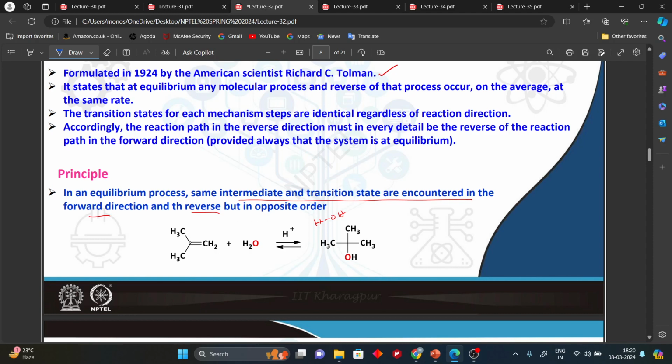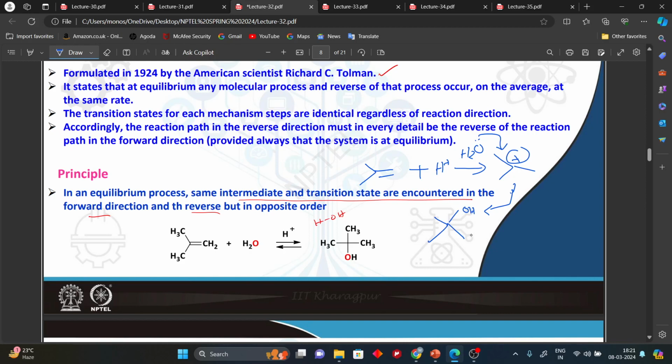So here, when we do the forward reaction for this particular case, in the presence of acid, what happens? It can generate this kind of tertiary carbocation. And then H2O is there, so it attaches here like this and generates the tertiary alcohol.